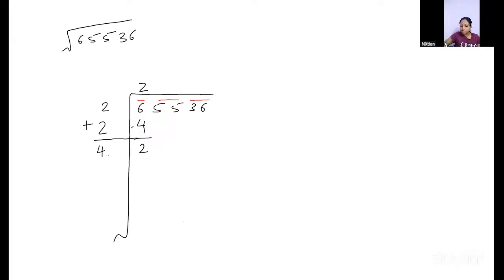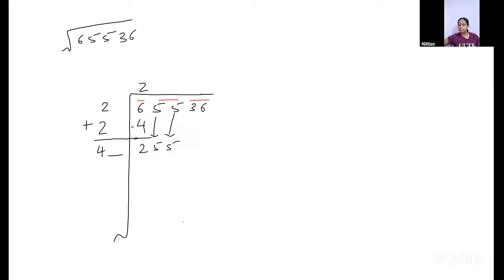Now, what number should I put in front of 4? I will bring down the next pair, 55. So I have 255. Now, what number should I add after 4 that will give me either 255 or a number lesser than 255?